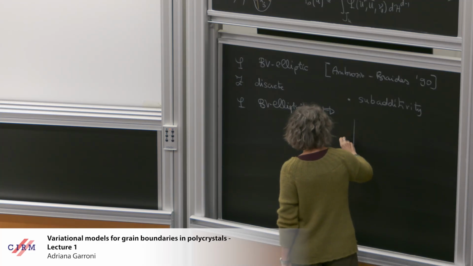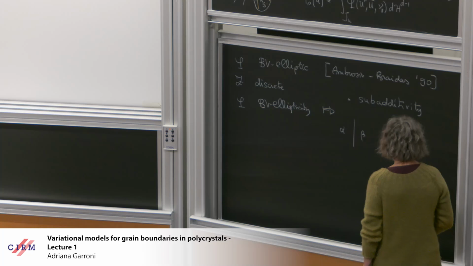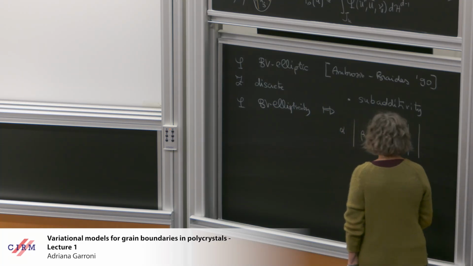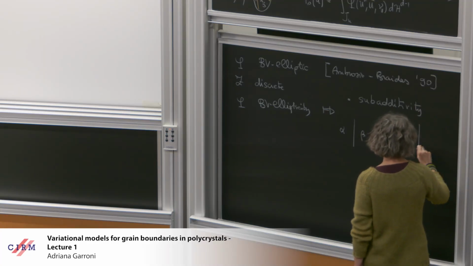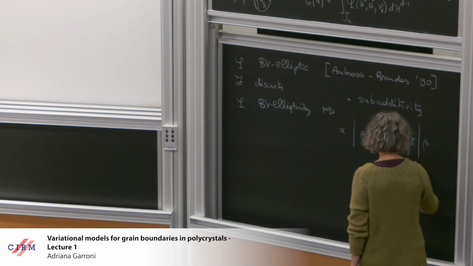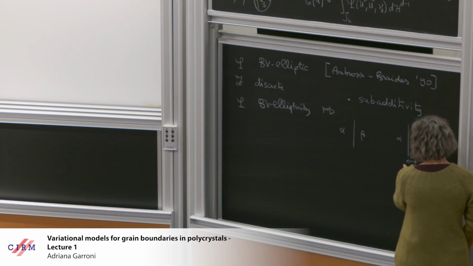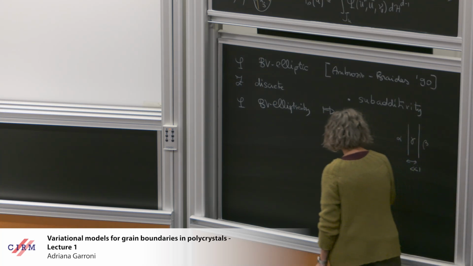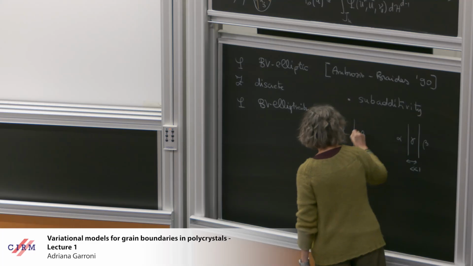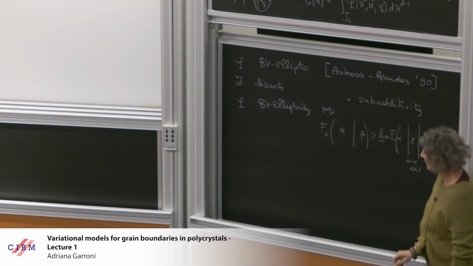If you want to approximate this configuration with alpha and beta, you want to avoid that it is more convenient to introduce an intermediate phase gamma and shrink it in order to have a better energy. So an energy of a sequence like that should not be lower than this energy. So you don't want that, say, F0 of this is greater than the limit of F0 of that.